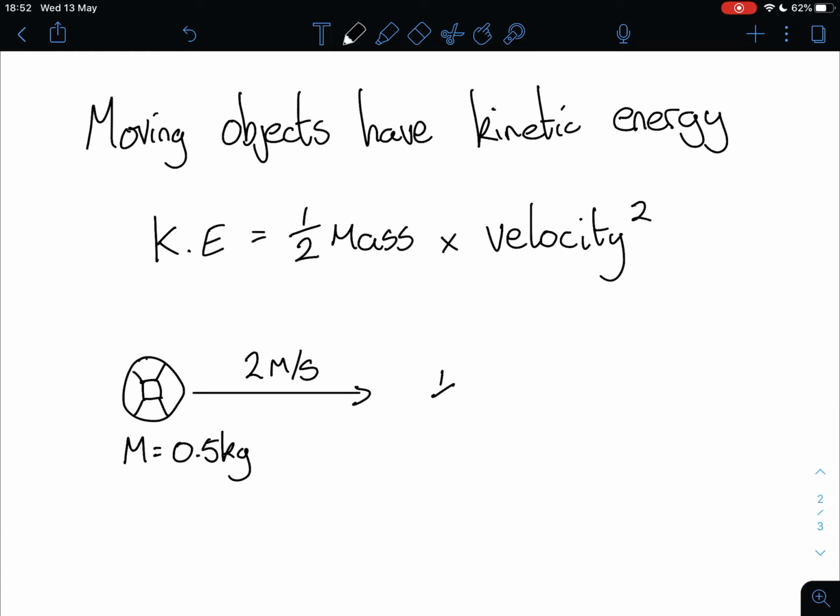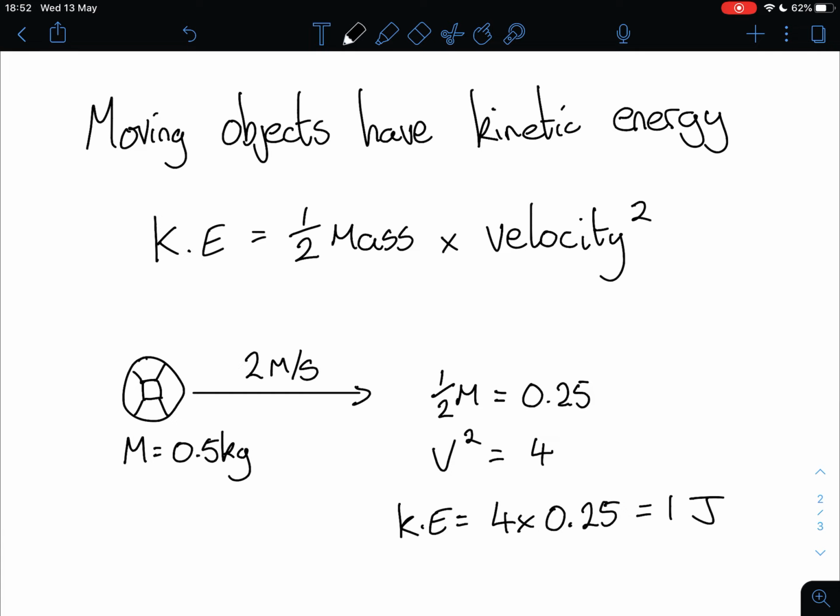So we do half the mass. That will be 0.25, a quarter. We do v squared, which would be 2 times 2, 4. Haha, I have made it easy. So the kinetic energy of this ball will be 4 times 0.25, which is 1 joule of energy. That's it. It looks worse than it really is.